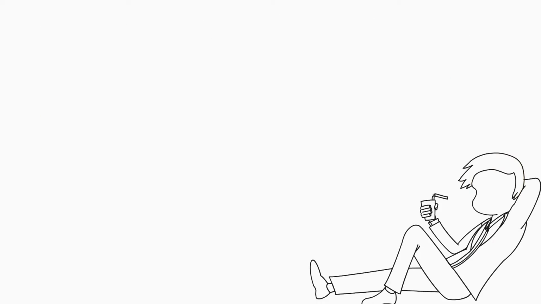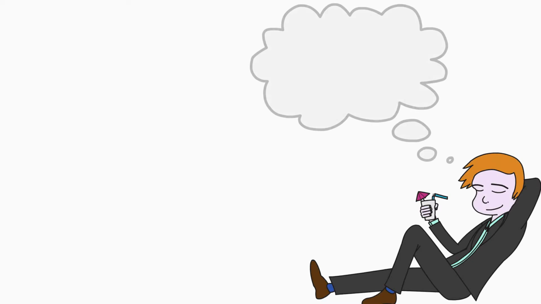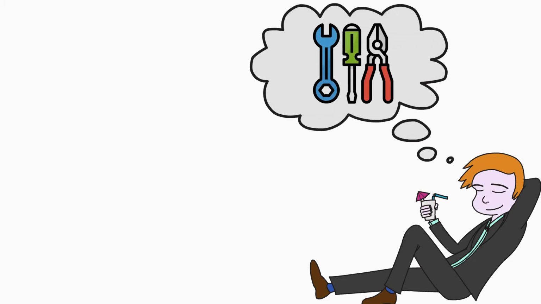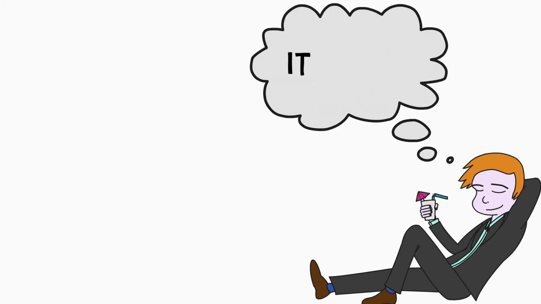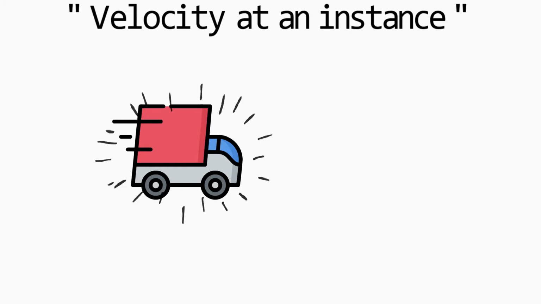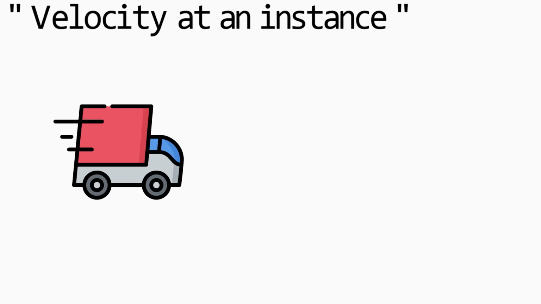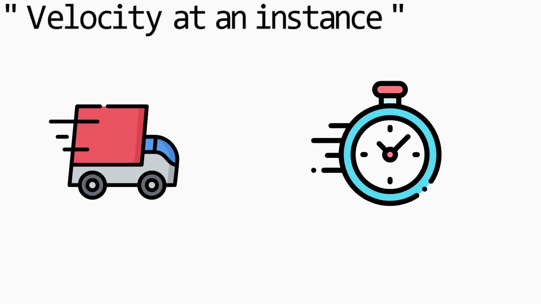So I think of calculus as a tool, in fact a very important tool, which makes really hard and confusing concepts easy enough to understand. Like for example this statement, velocity at an instant, makes absolutely no literal sense because velocity itself requires time to change.